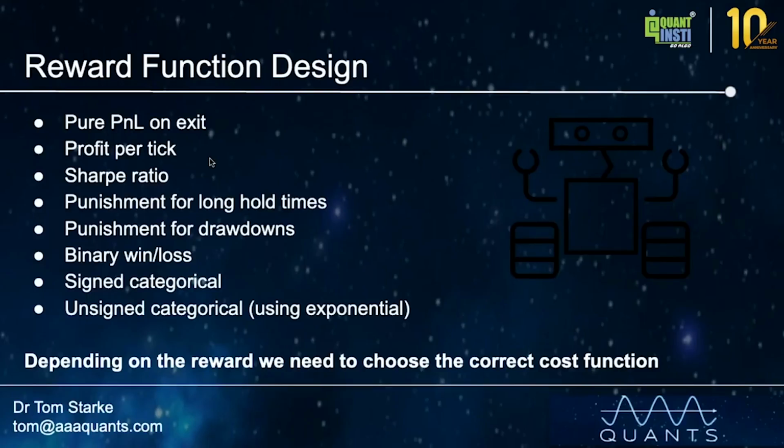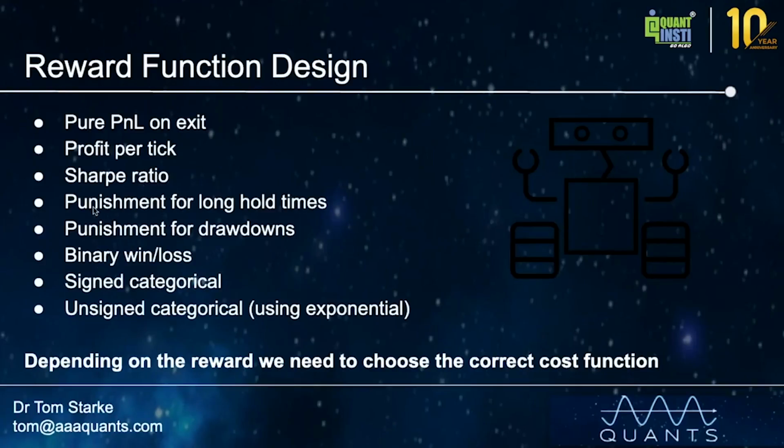So rather than using profit, we use a risk-adjusted return, which means we take our profits at each tick divided by the standard deviation of these returns at each tick. And that gives us the Sharpe ratio. That can often be a much better way to determine a good trade.